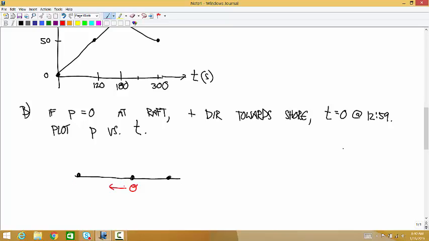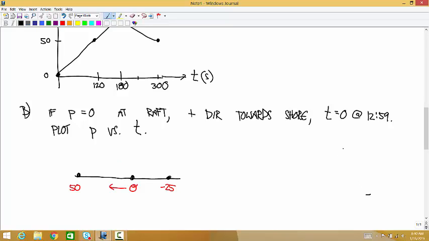Positive 50, because our positive is going this way. And then what's the label for the buoy? Negative 25, yeah. And so the swimmer goes from 50 to 0 to negative 25 back to 0.